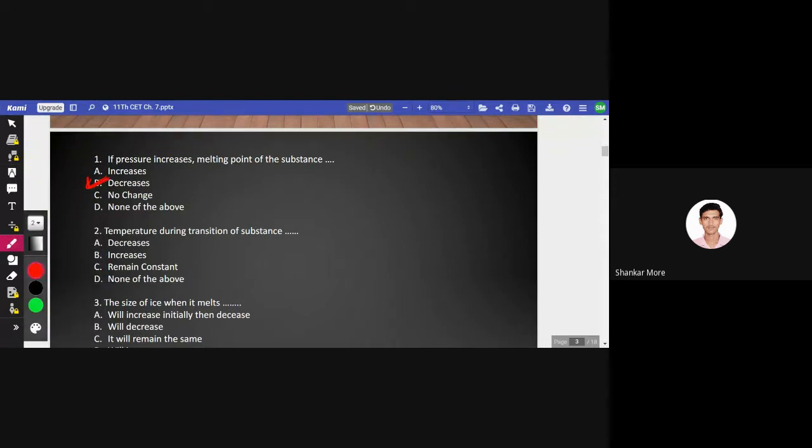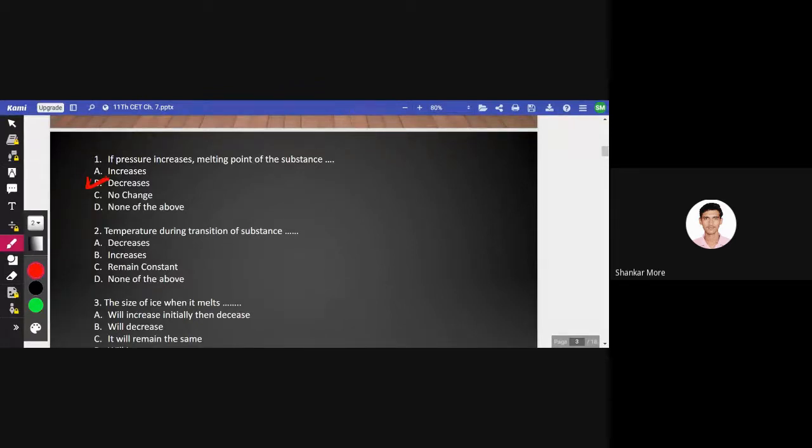All right. So the second question is: the temperature during transition of a substance either decreases, increases, remains constant, or none of the above. A few people are joining late, so that's why they're putting attendance now. Don't you have any idea about this question?